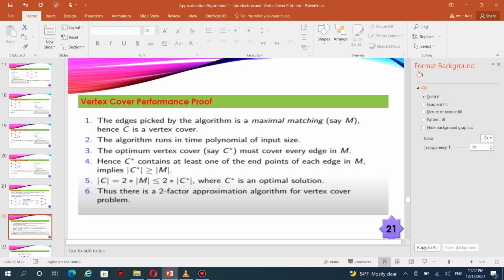Hence, C star contains at least one endpoint of each edge in M. So we see size of C equals 2 multiplied by size of M, which is less than or equal to 2 multiplied by size of C star. Thus it is a two-factor approximation algorithm for vertex cover.